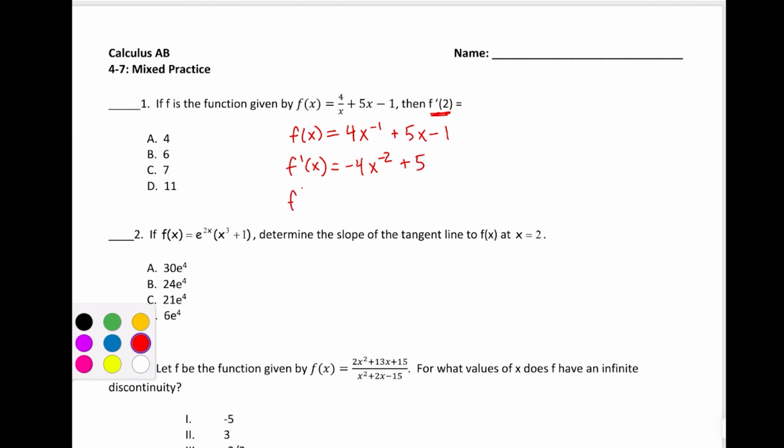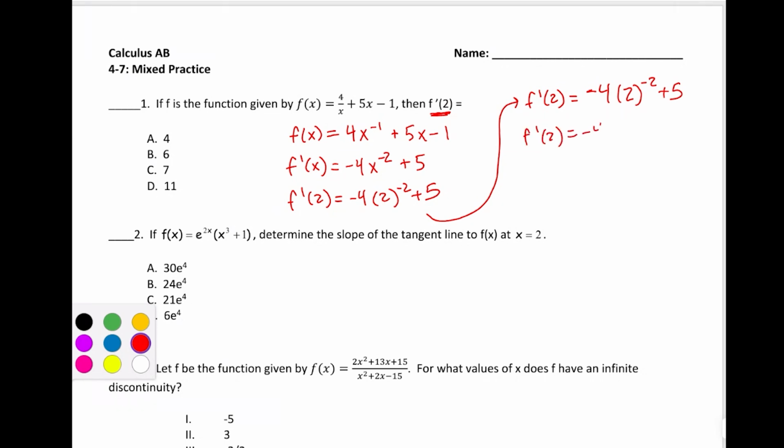Now we do need to evaluate this at 2, so you are going to have to know how to deal with that negative exponent. And I'll write that up over here. So f prime, I'm just going to rewrite what I just wrote there. I'm not going to make any changes yet. But yeah, so if I raise something to a negative power, that's equivalent to saying that it's 1 over the base to the positive power.